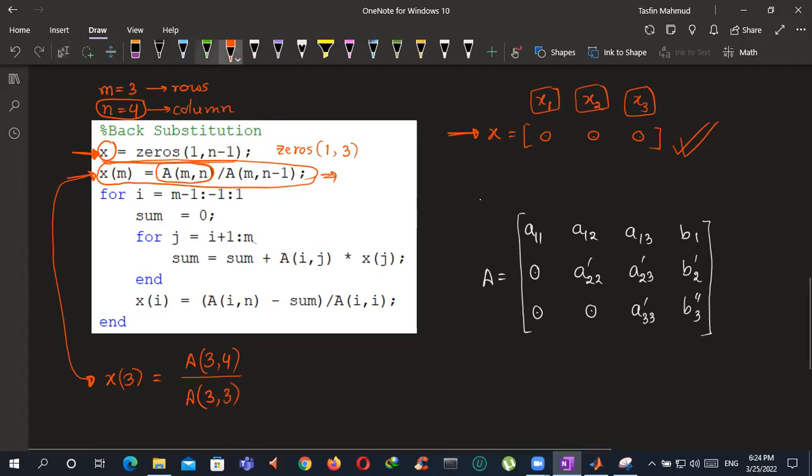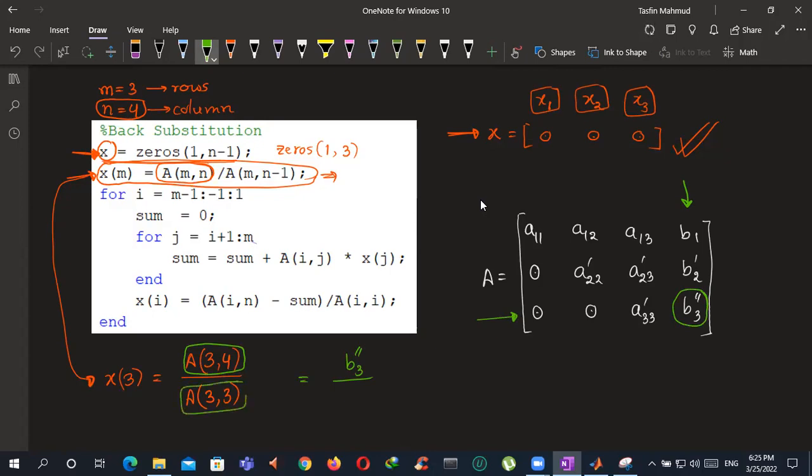If I look carefully, A(3, 4) means third row, fourth column of our augmented matrix. So we get B3 double prime. And A(3, 3) means third row, third column, which is A33 double prime.